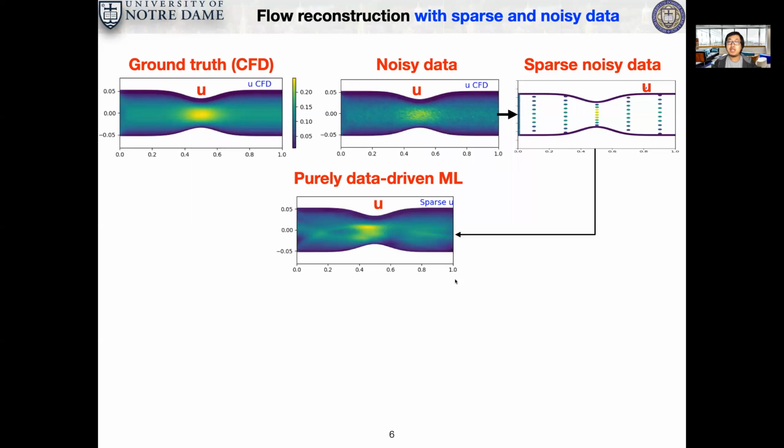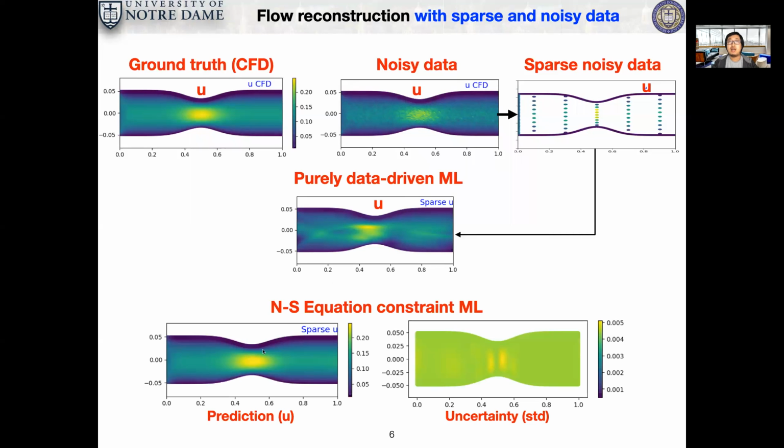The purely data-driven learning would fail because it's sparse and noisy, and you can see the reconstructed flow field is more like a rendered field and not physical at all. In contrast, our physics-informed Bayesian learning can accurately reconstruct the flow and agree with the CFD ground truth pretty well.